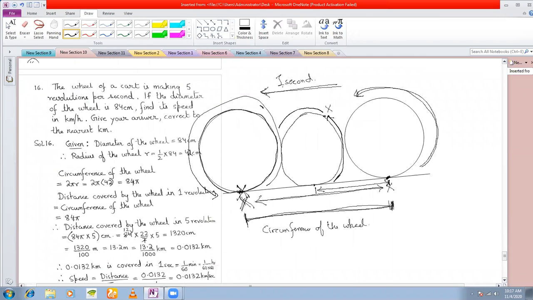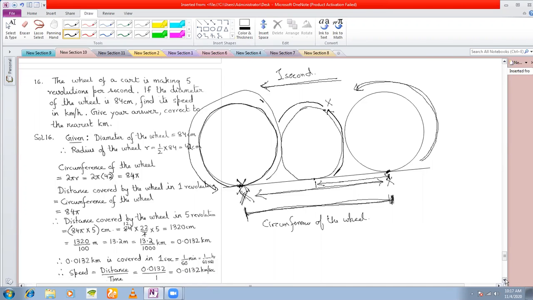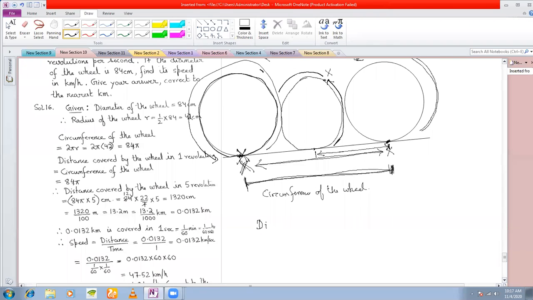That the distance covered in 1 second is equal to the circumference of the wheel.